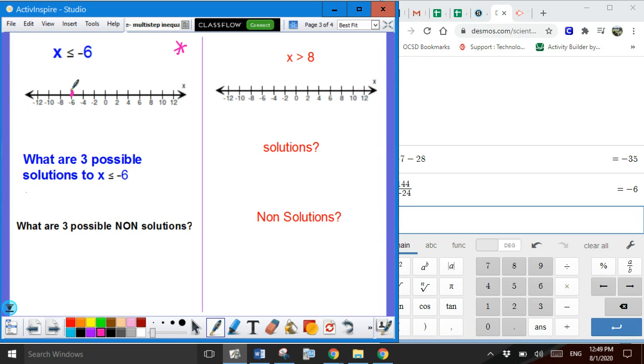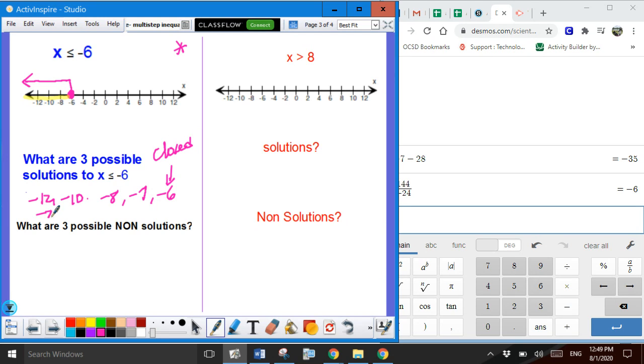All right, so let's see how you did. So we've got a closed circle and we're going to the left, okay? And I know that my solutions would be here. So 3 possible solutions. I could use negative 12, negative 10, negative 8, negative 7, and I can also use negative 6 because this is closed.